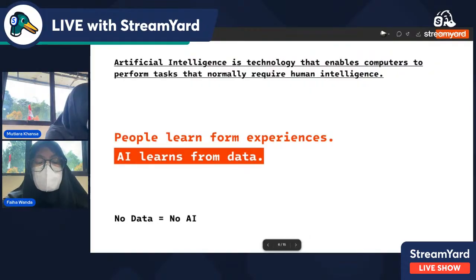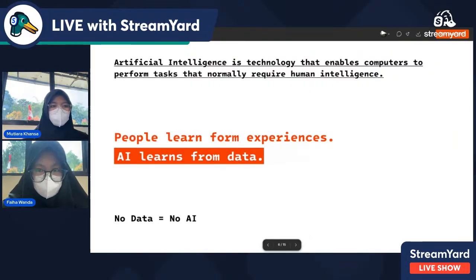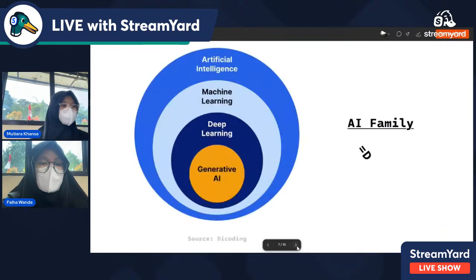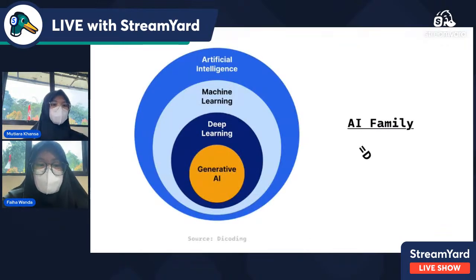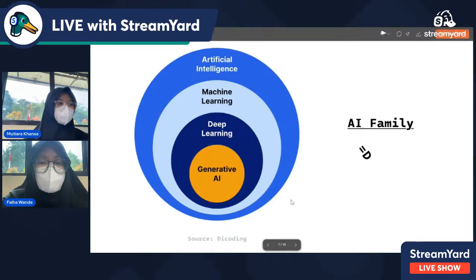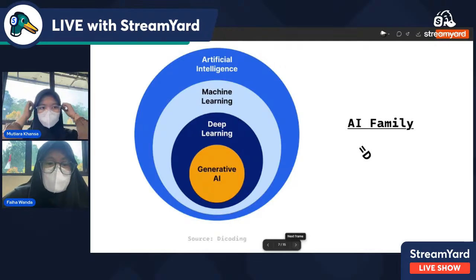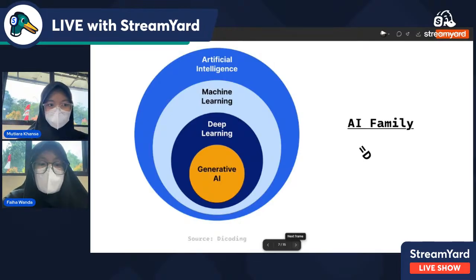Now, let's talk about something that often confuses people. What is the difference between AI, machine learning, deep learning, and generative AI? Many people think they are the same, but actually, they are connected like different levels.